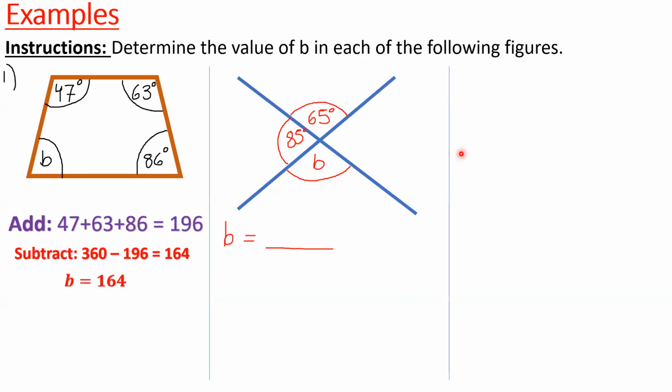Tagan, why do you say 65? I say 65 because vertically opposite angles are equal, and 65 and B are vertically opposite. Very good, because 65 and B are vertically opposite angles. And so it's definitely 65.